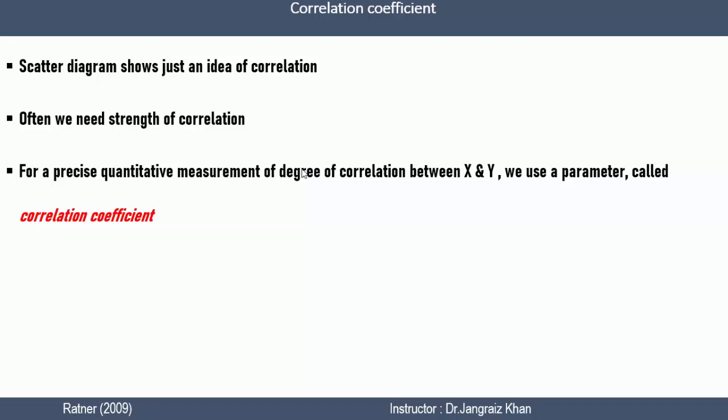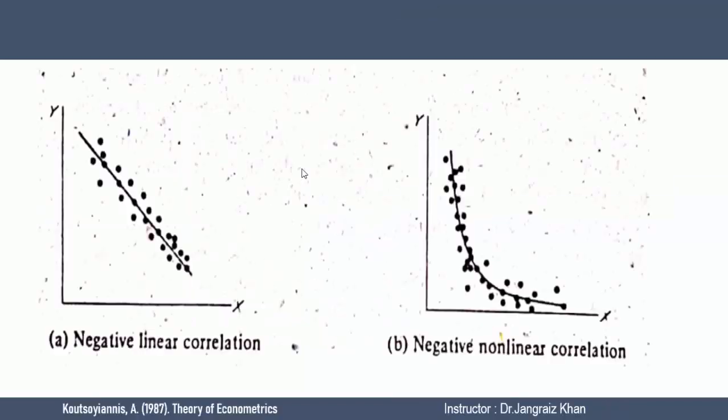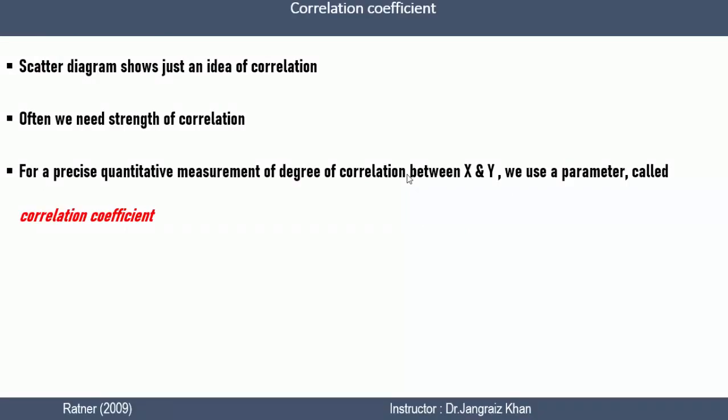The scatter diagram just shows an idea of correlation, and often we need the strength of correlation. This diagram shows just that the variables x and y are correlated positively or negatively, but this does not quantify the relationship. For precise quantitative measurement of the degree of correlation between x and y, we use a parameter called the correlation coefficient.